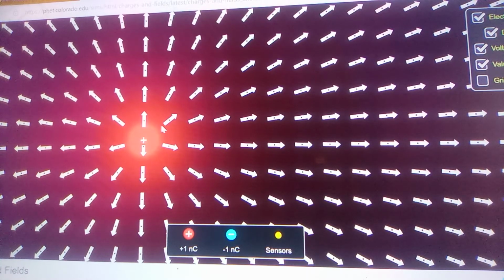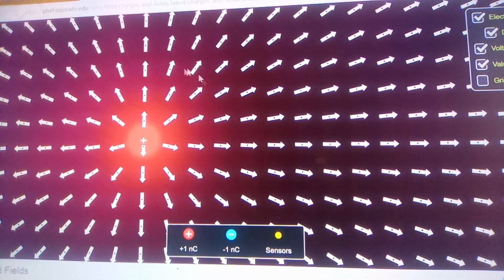The field lines come from the charge towards the outside. So they move outwards from the charge.